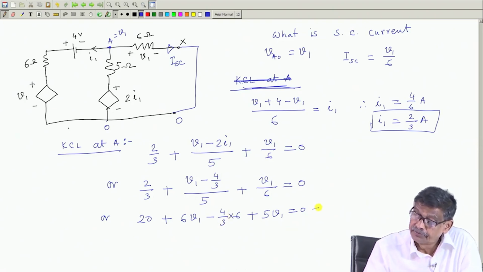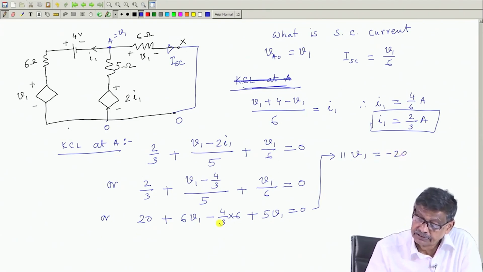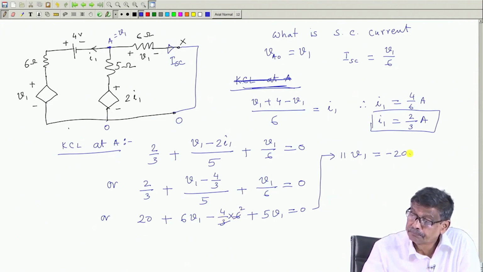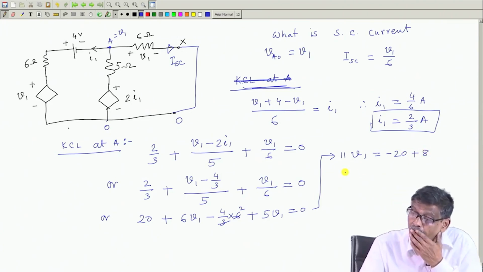So, you get from this that 11 V1 will be equal to minus 20, 20 you bring to this side, and this is plus 8. Or V1 is equal to minus 12 by 11 volts.